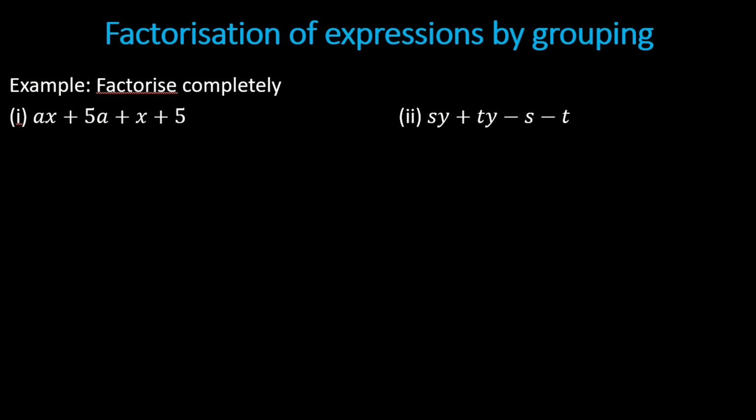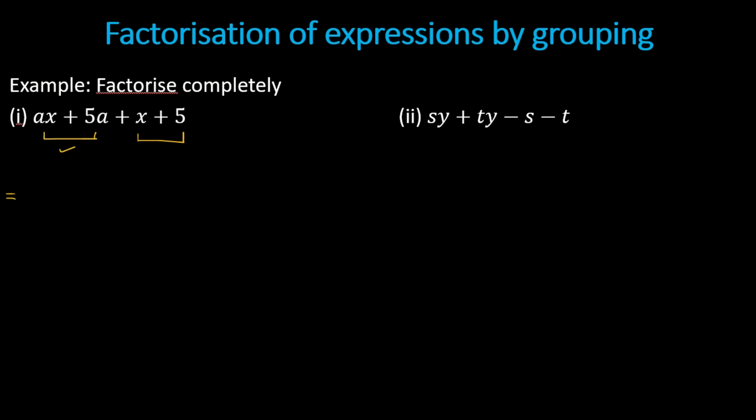The first example, we are told to factorize completely. First part, we have ax plus 5a plus x plus 5. So this is our given expression that we need to factorize. The first step is to take two terms at a time and we write them in expanded form, right?